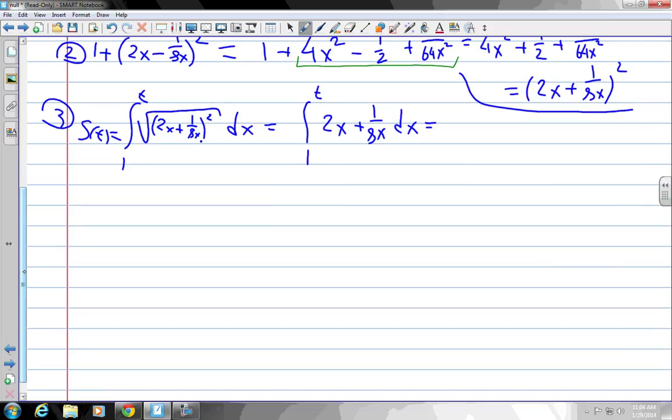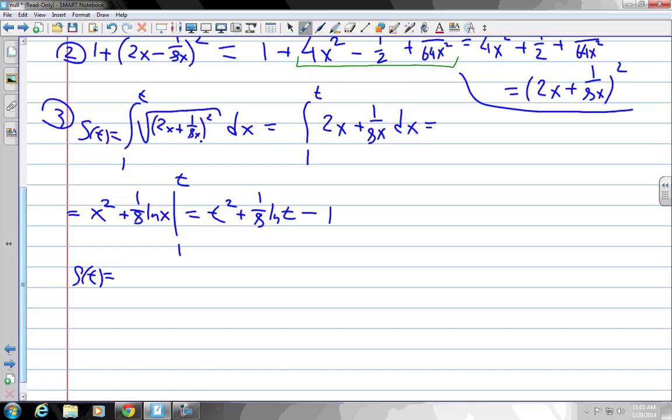Anyways, that's easy to integrate, so that becomes x squared plus 1/8 ln of x, evaluated from 1 to t. You plug in t, you get t squared plus 1/8 ln of t, but then minus just 1. You plug in 1, squared is 1, ln of 1 is 0, so minus 1. So this is the function.